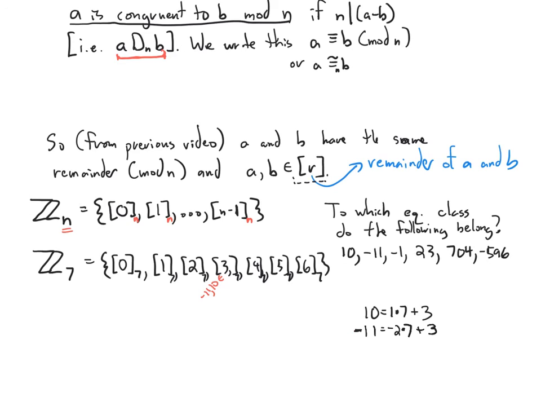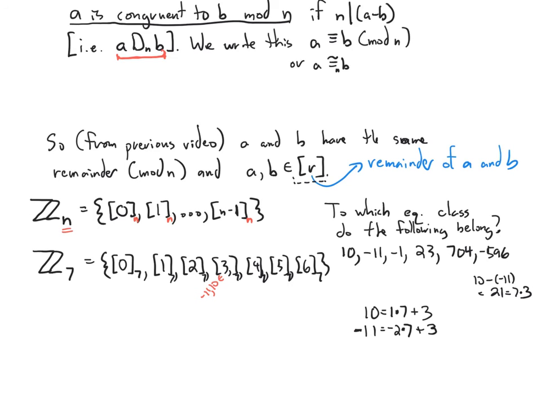And you can check that those are indeed related. What is 10 minus a negative 11? Is that divisible by 7? In fact, it is. That's 21, which is, of course, 7 times 3. Since we subtracted these two numbers and we got something that's divisible by 7, they're in the same equivalence class.